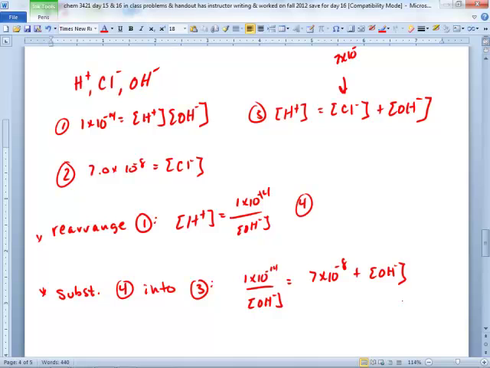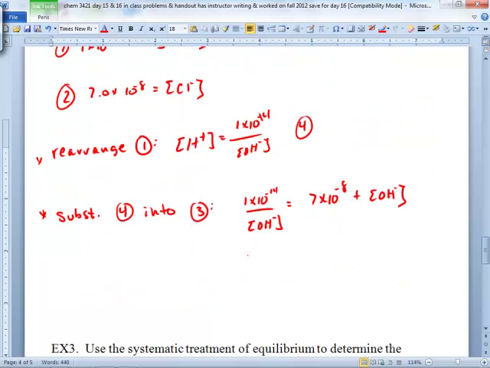Quadratic. Right? Okay, so multiply through by OH. So we'll have 1 times 10 to the negative 14 equals 7 times 10 to the negative 8 times OH plus OH squared. Okay, so let's get it in that format of the quadratic equation.